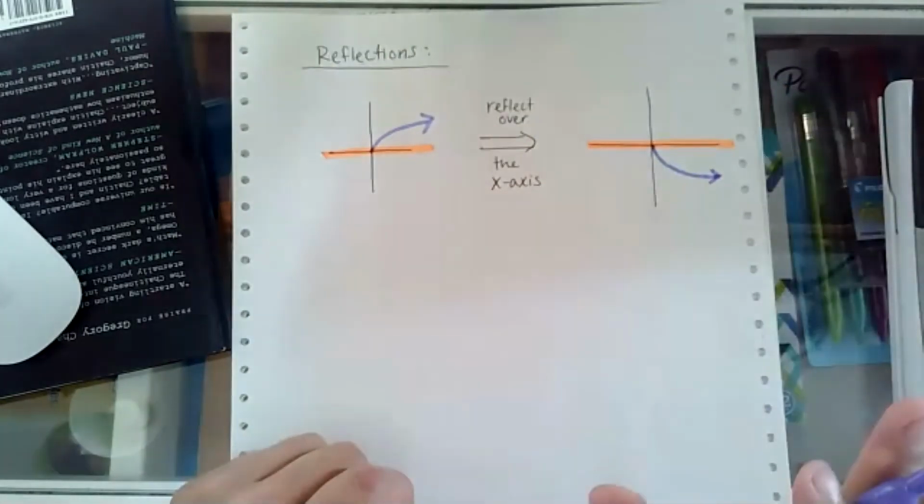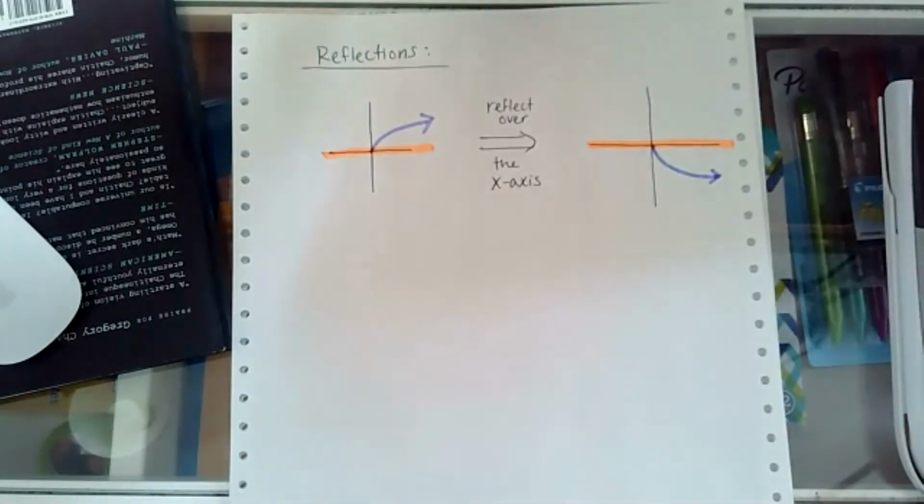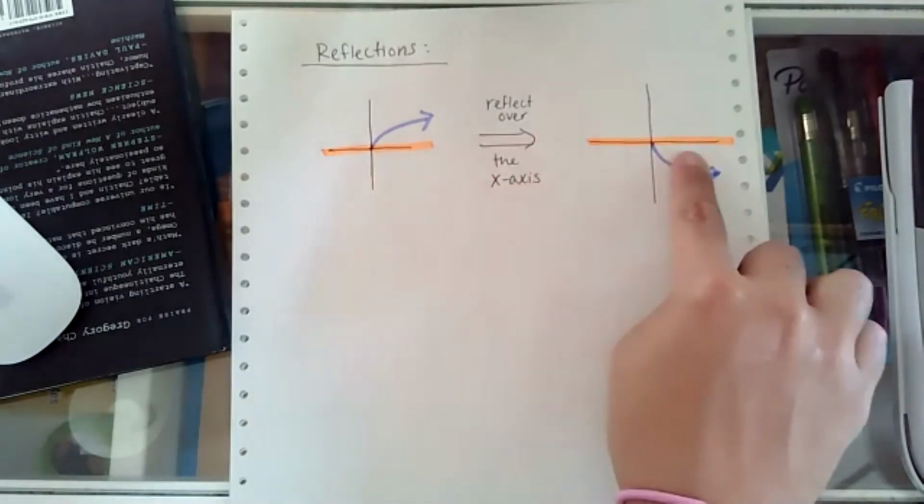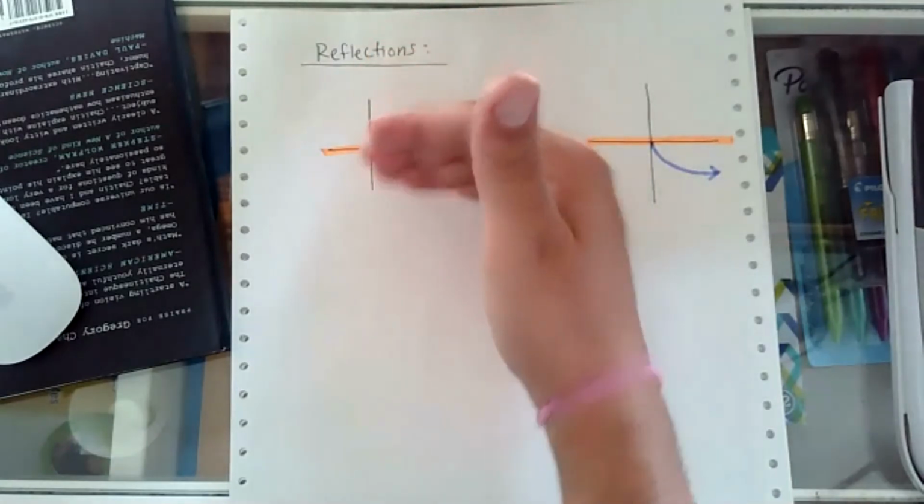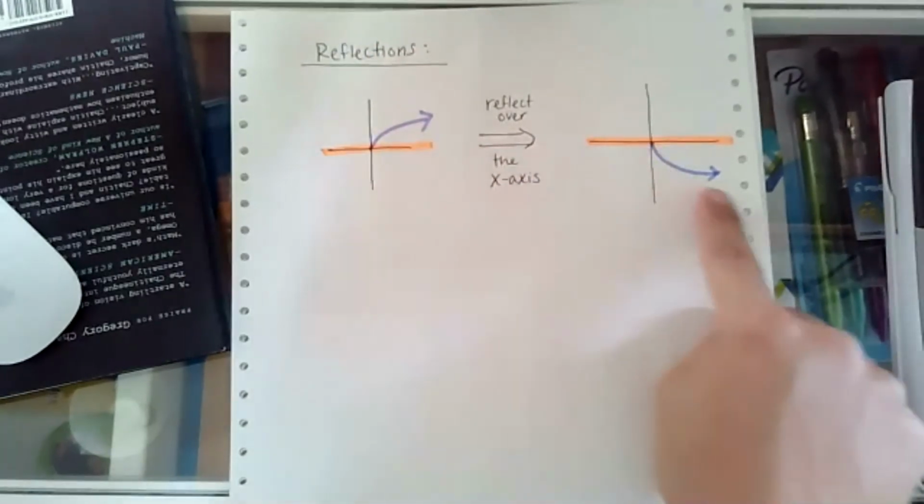Does that feel natural to you? Just visually. It's almost as though the x-axis is a mirror. So if this guy was looking across that mirror, we would get this thing.